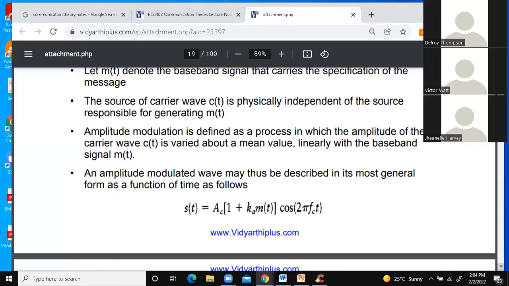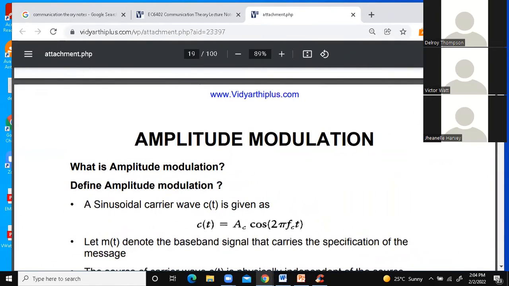And so if you do this now, just multiply it out. So then the carrier signal, right, was Ac cos 2 pi fc t. That was the carrier signal, right?